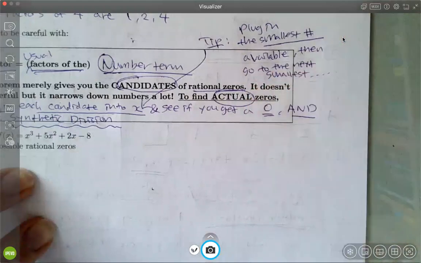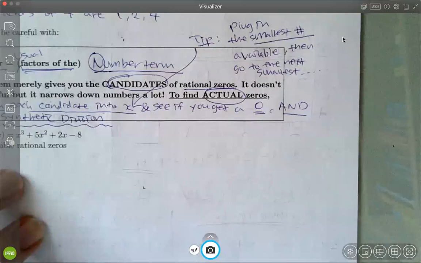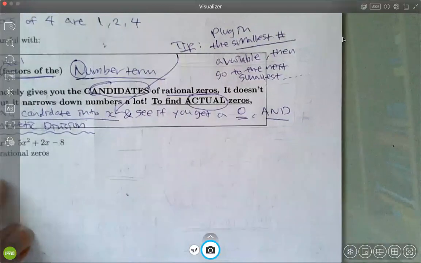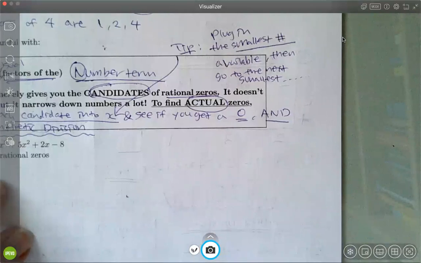If your candidates are maybe 1, 3, and 10, don't start from 10, because the numbers will be fairly large, and even if you get a 0 at the end, it might take a long time to reach that conclusion.